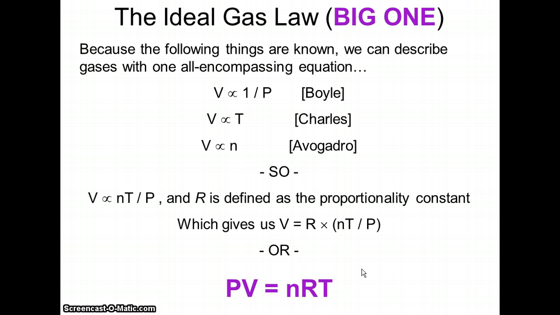For Boyle's law, for example, if we hold temperature and number of moles constant, we see PV equals R. And so that's our constant, where we said PV equals constant. R is that constant, also with the n and T involved as well.